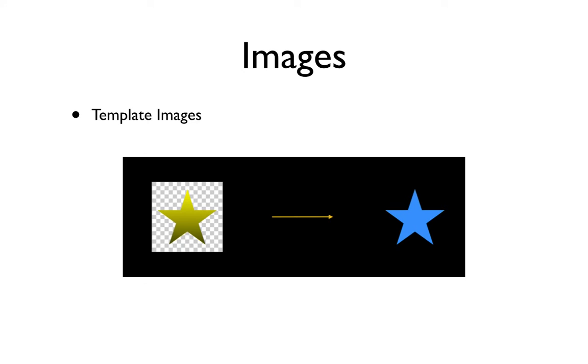Let's say I set this image in the buttons, so I can use it as a template image. If the tint color changes, this image will automatically adopt the tint color.